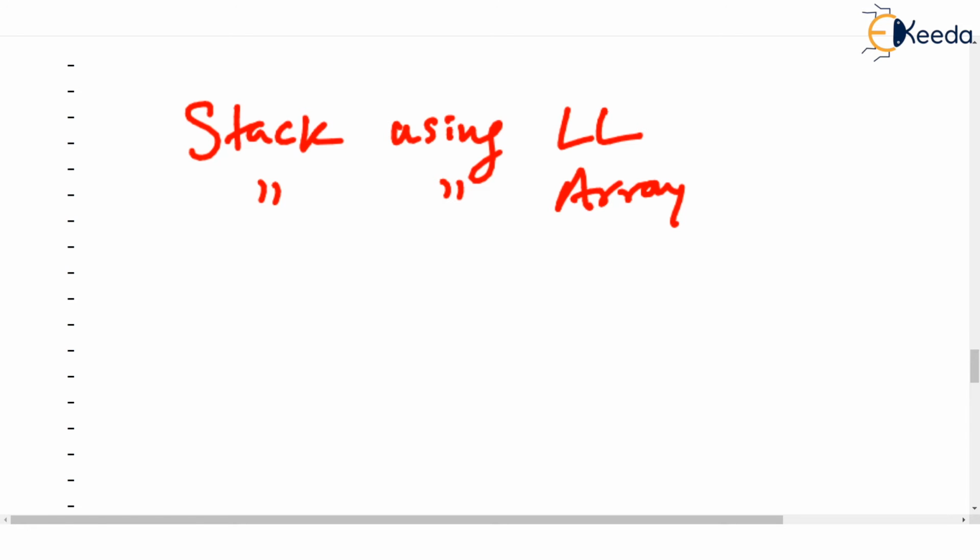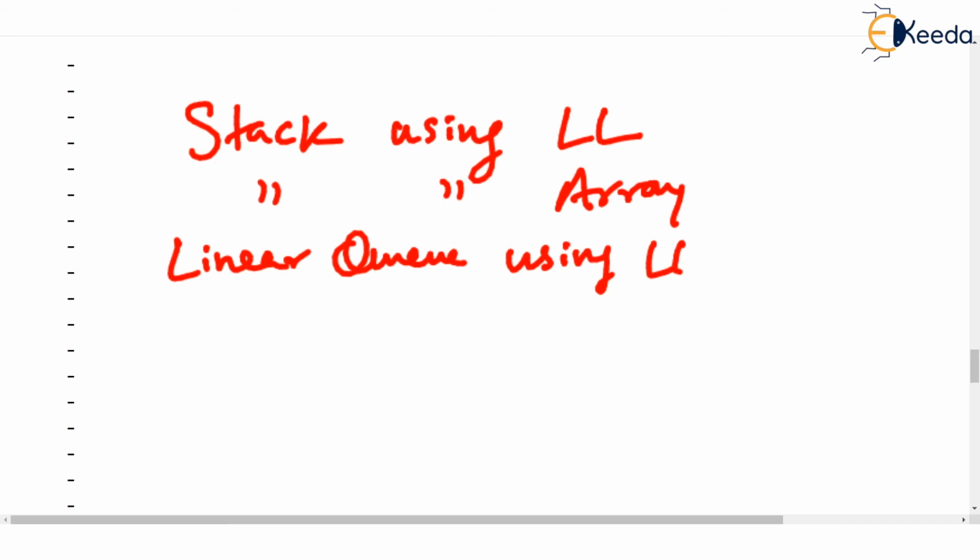Then we saw linear queue using linked list. Two pointers, front and rear, were null initially. But we also saw linear queue using array. In this program, front and rear were integer counters and they were -1 initially.